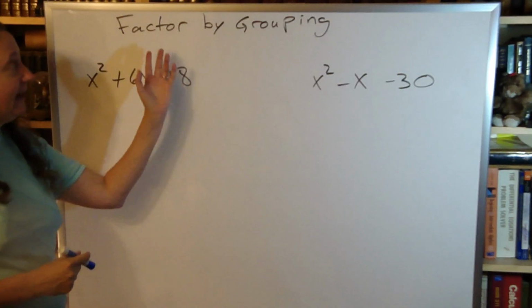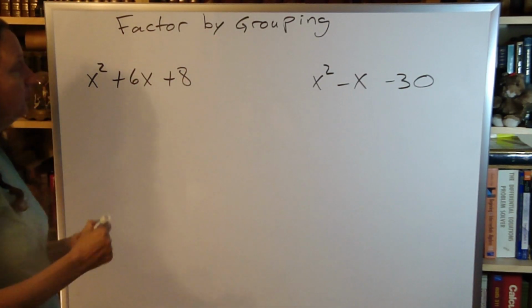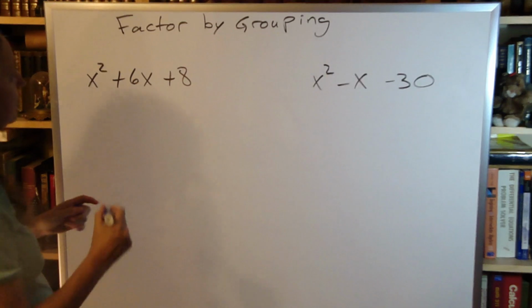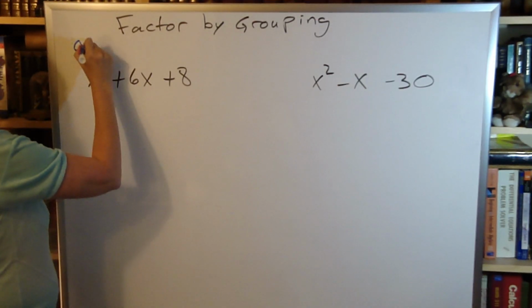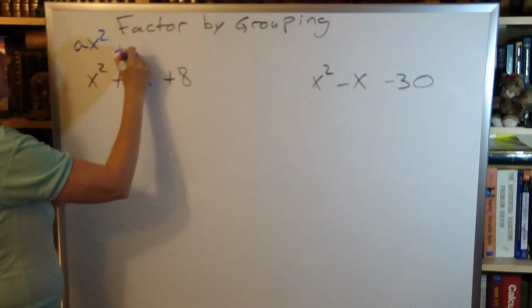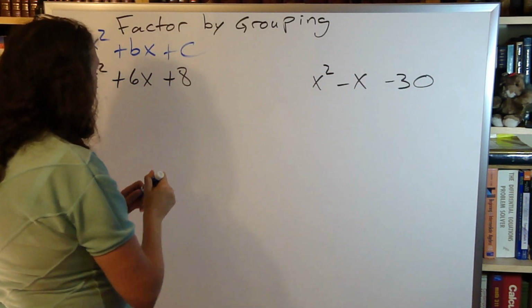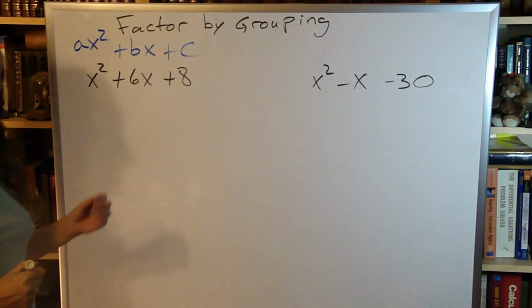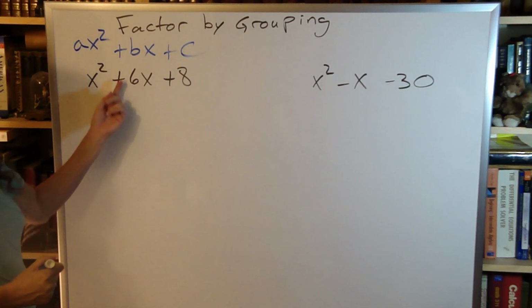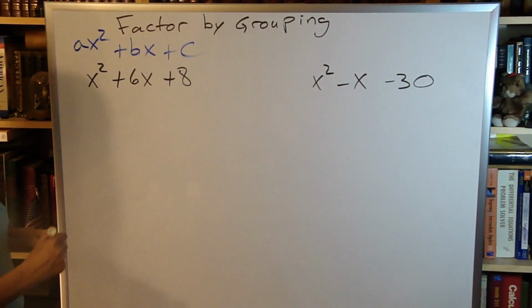So our method of factoring by grouping is we first want to make sure that we have this written as ax squared plus bx plus c. Then after we do that, we want to find out what is b and what is c.